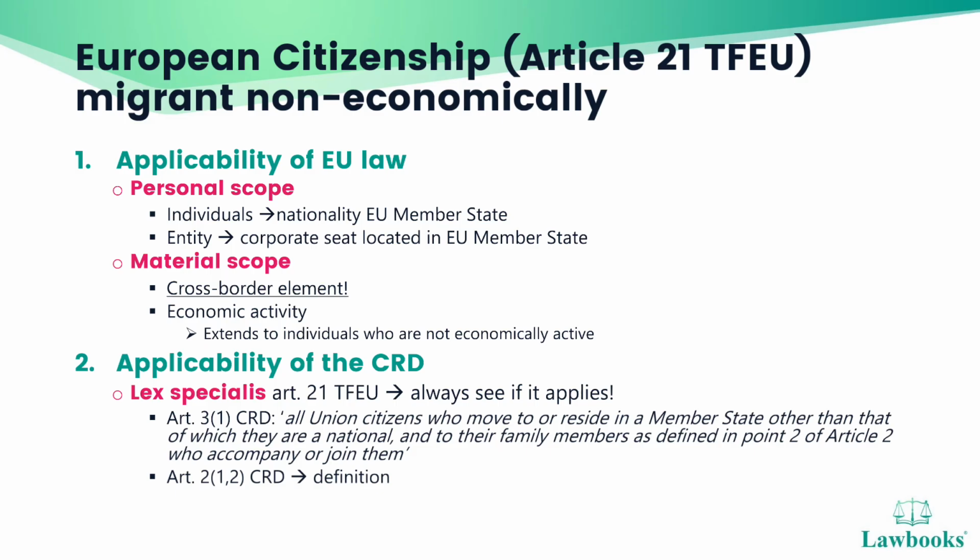So that's what we're talking about when we're dealing with family members. So always check the CRD. Okay, it applies to Union citizens and their family members, but are we dealing with someone who falls under the definition of family members? So that is that for the applicability of the Citizens' Rights Directive.